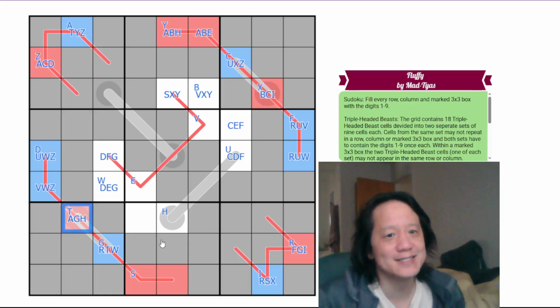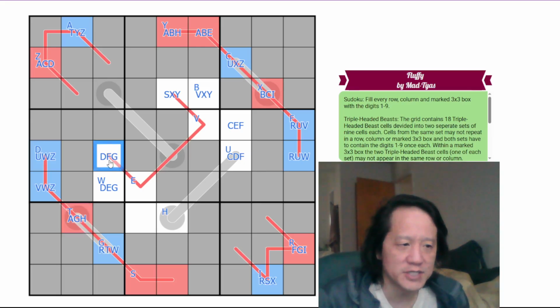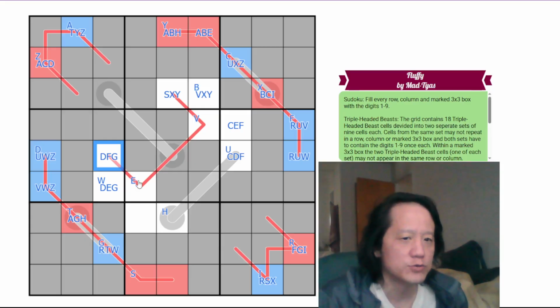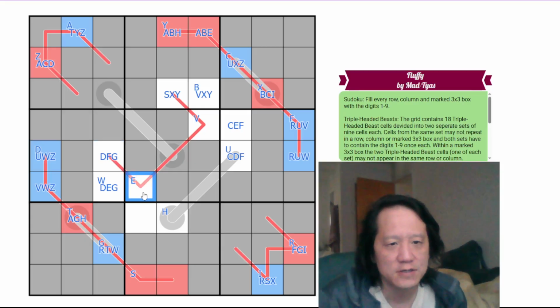So that would be 16 at least here. 16 to 24. Well, it can't be 24. It could be up to 8, 9, and 6. So that would be 23. So this is 16 to 23. Well, 9 away from that, you can't go up. You have to go down, which would mean this is 7 or less.